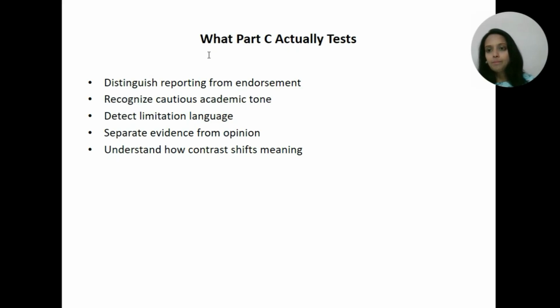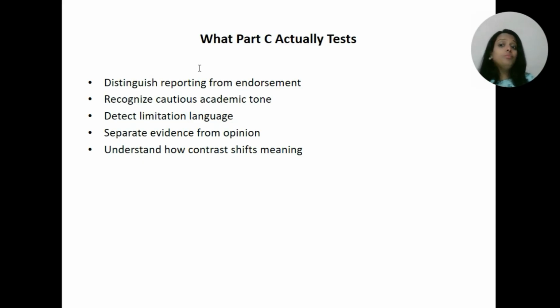Here is what actually happens. You read a sentence like, recent trials have shown promising short term results. Your brain automatically locks onto promising results, positive. Then, 5 lines later, you read, however, the sample size was limited and further longitudinal research is required.